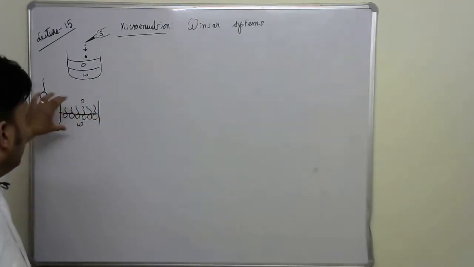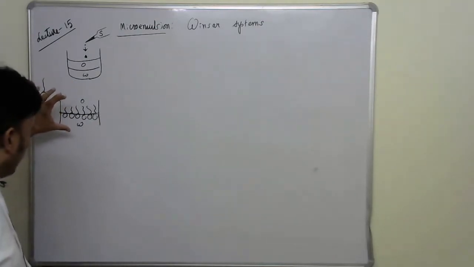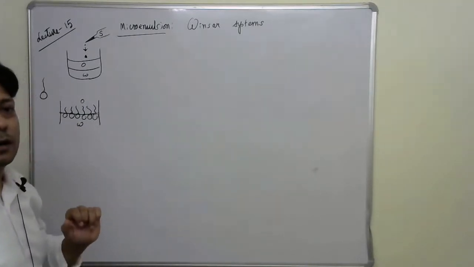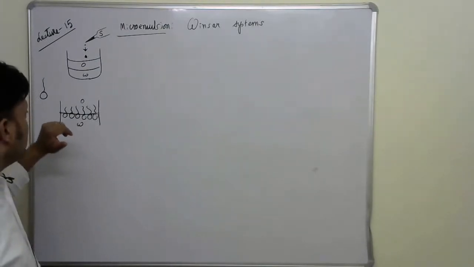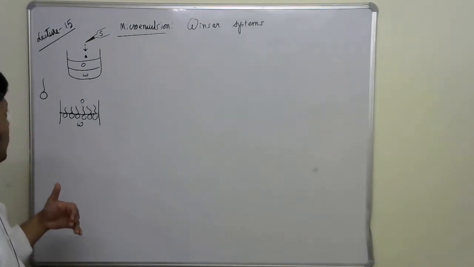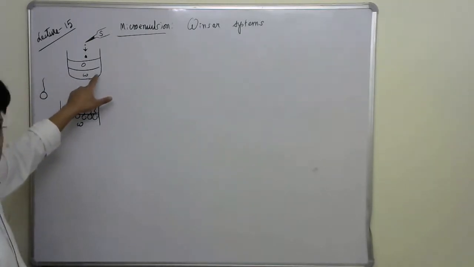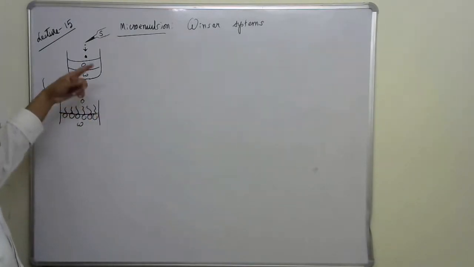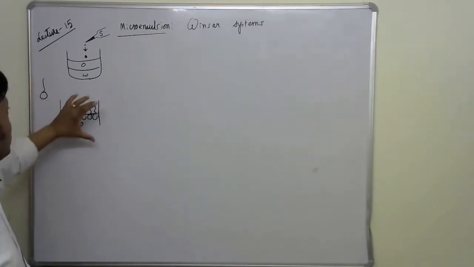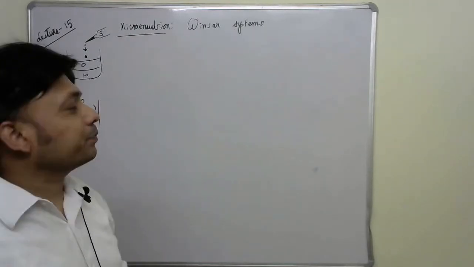In this arrangement, with oil on top and water at the bottom, the interface can expand only up to a certain point. So if we keep adding more surfactant, what would happen? Would the added surfactants make a normal micelle in the aqueous phase, or an inverted micelle in the oil phase, or would the surfactant stay as a separate phase? There are many possibilities.